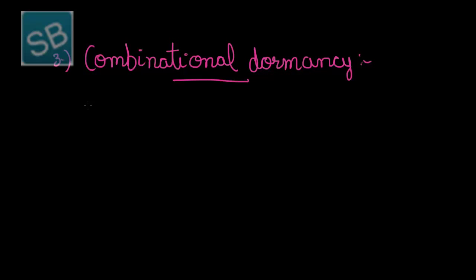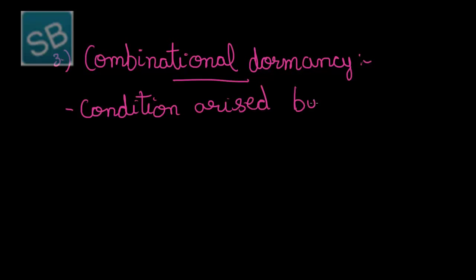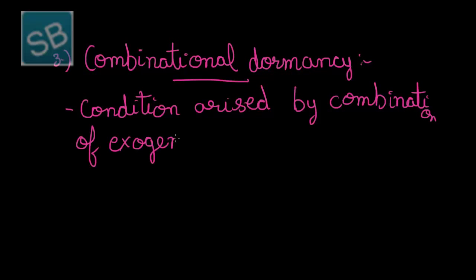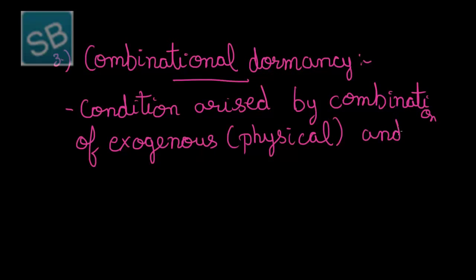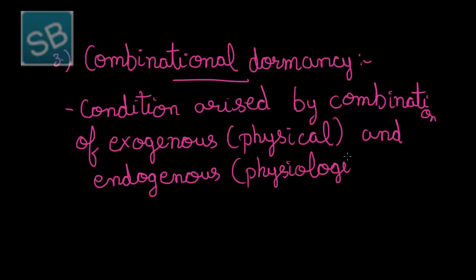That is, the condition arises by the combination of exogenous and endogenous: the physical type of dormancy within exogenous and physiological type of dormancy in endogenous. Together they combine to form combinational dormancy.